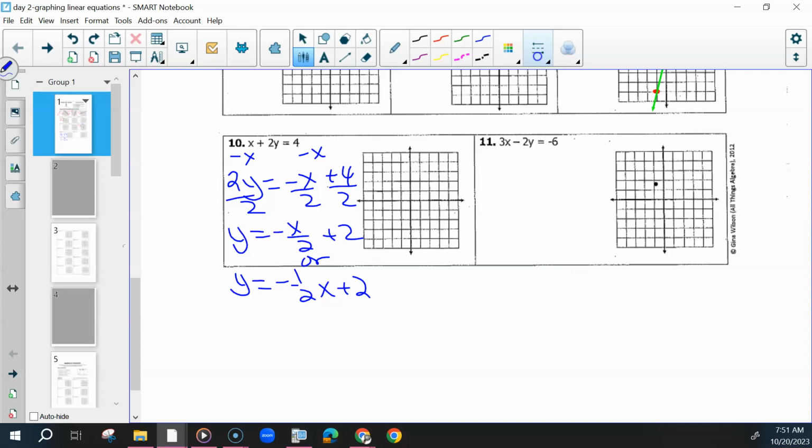So now that we have that part, then we can graph it. So y-intercept is 2. Slope is negative 1/2. So what directions can I go to get a negative? Down and right, up and left. So up 1, left 2 as many times as possible, fill up your graph. Down 1, right 2 as many times as possible, fill up your graph.